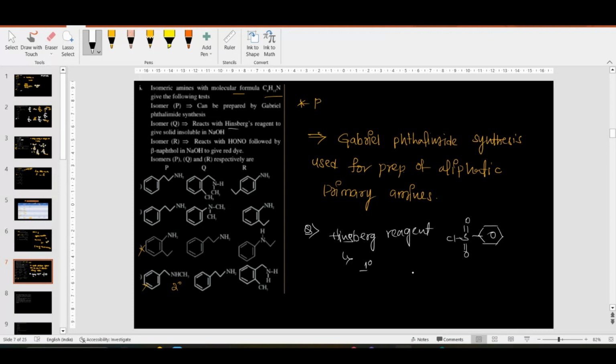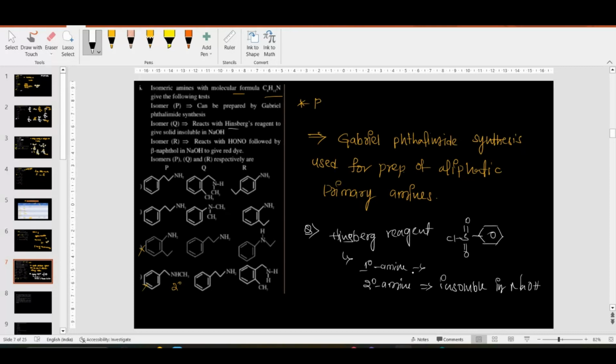So if you treat this Hinsberg reagent with a primary amine, the product will be soluble in NaOH. But when it comes to a secondary amine, it will be insoluble in NaOH. So yeah, it should be a secondary amine.